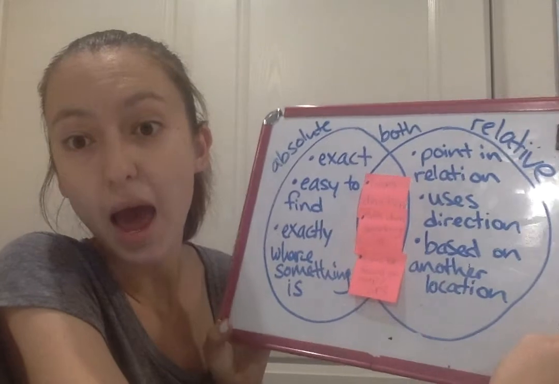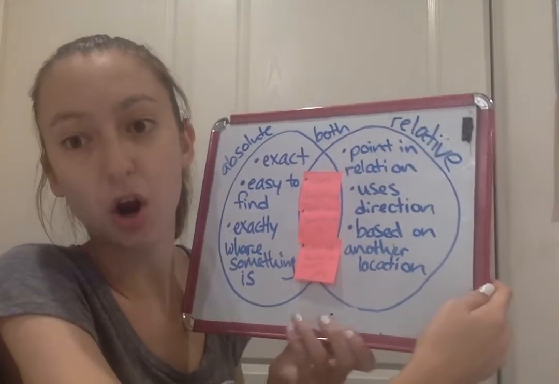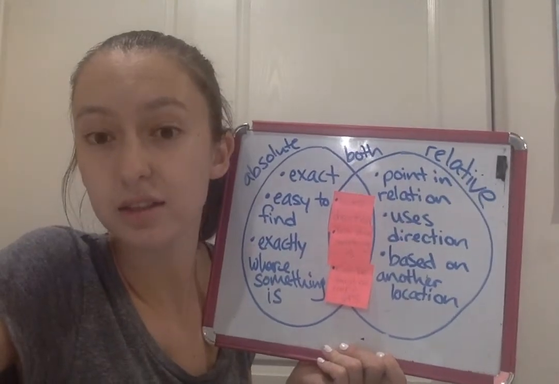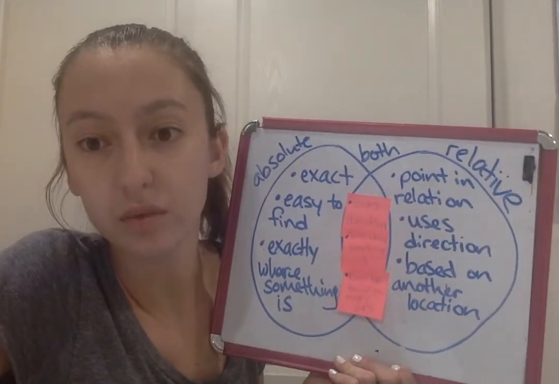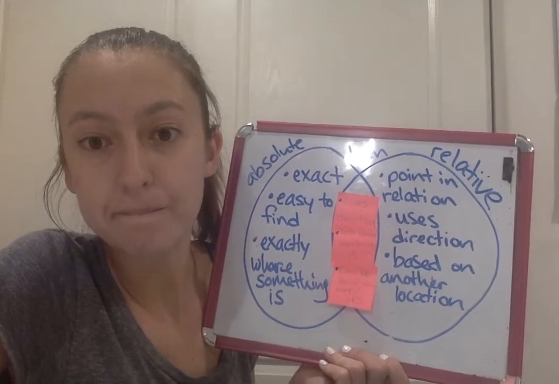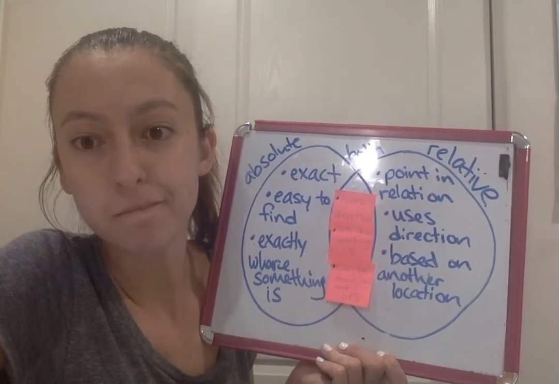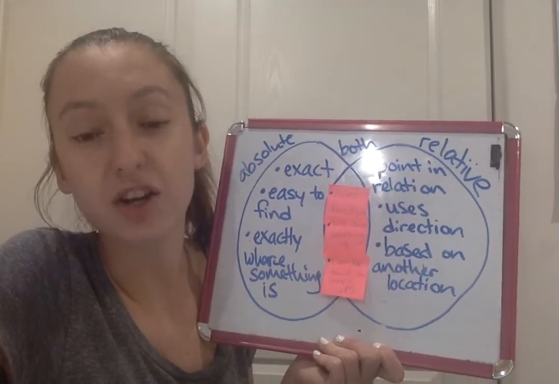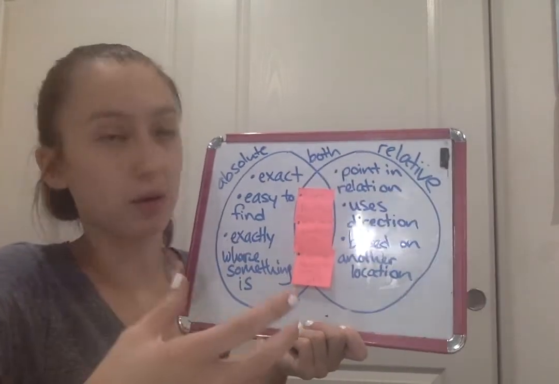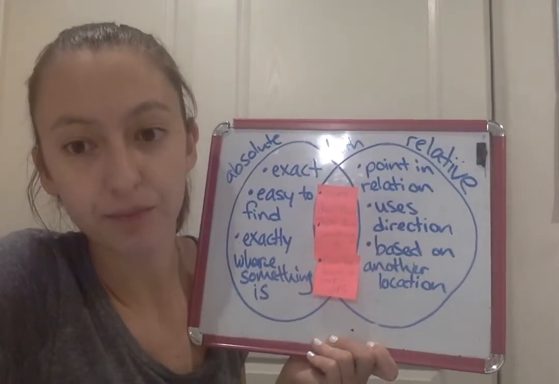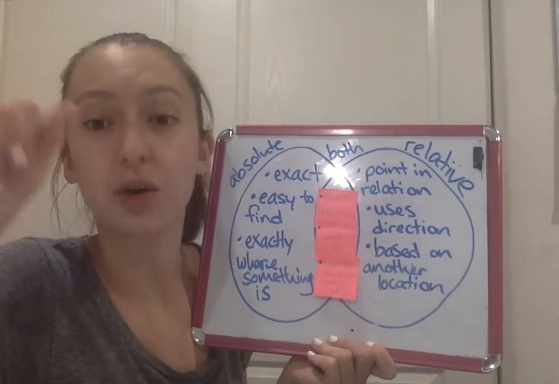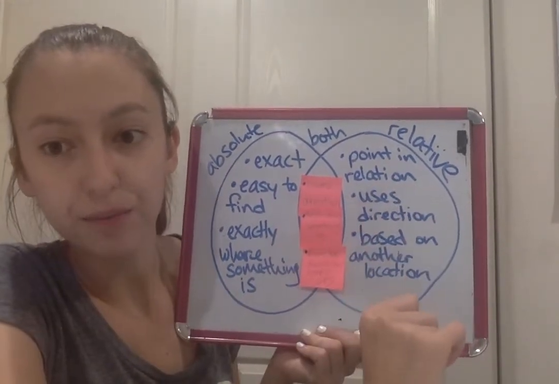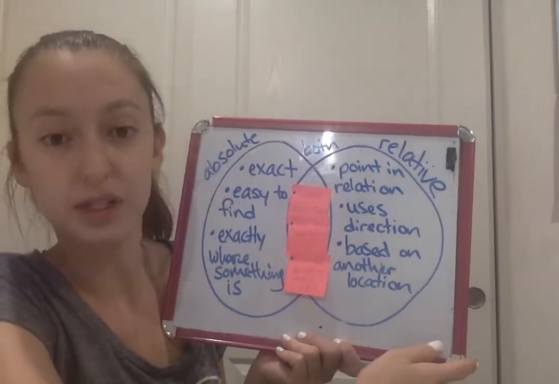Yes, so absolute location and relative location are both places that people go. That's good. Anything else? What else do we know? Is there anything that we can say in general about this information that we have? Yes, so in general, absolute and relative location, they are locations and they tell you where something is, correct?